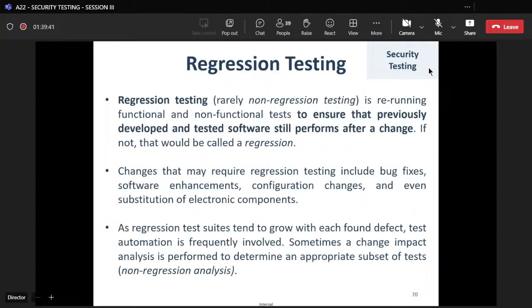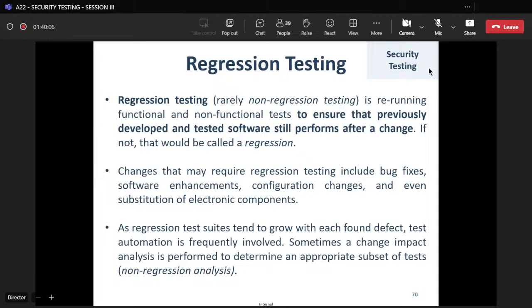The next type of testing is regression testing. When you say regression, it's rerunning the functional and non-functional tests. This will probably happen if there is an alteration in the source code. The system is running for quite some time and some changes have been made to the source code, and it will be followed by regression testing.